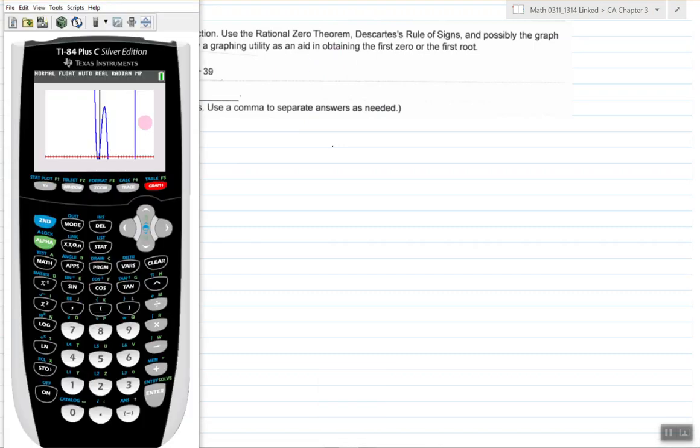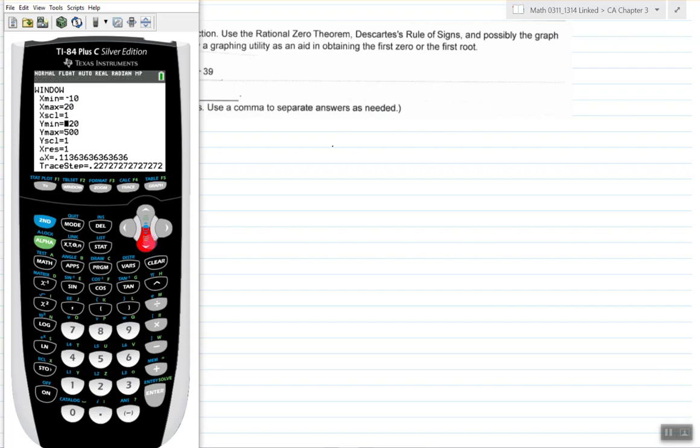When I look at this, I see sort of a W. It's certainly not a symmetrical W. I don't need it to go all the way to negative 20, so I will do negative 10. I'll leave it at 20.